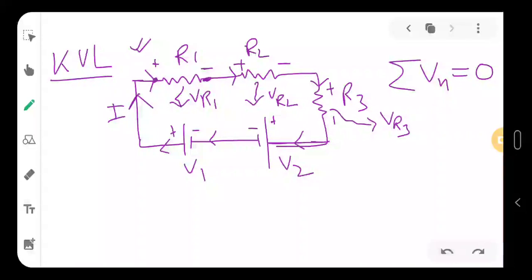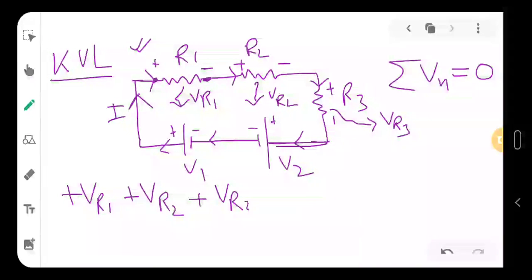So I can write plus VR1 plus VR2 plus VR3. Then again we have the positive side where current is entering, so plus V2. But now we are entering the negative side first, so you can see the negative sign, so that will be minus V1 equal to 0. This is what Kirchhoff's voltage law says.